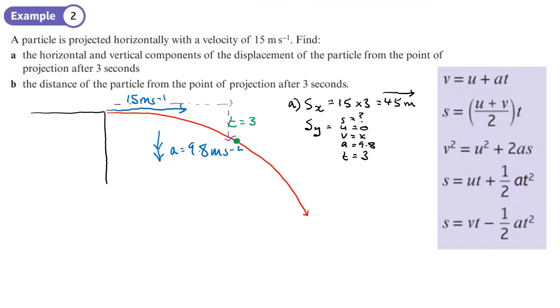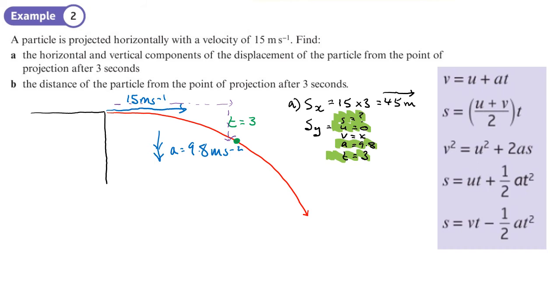So S, U, A and T, and that's going to be S equals UT plus half AT squared.